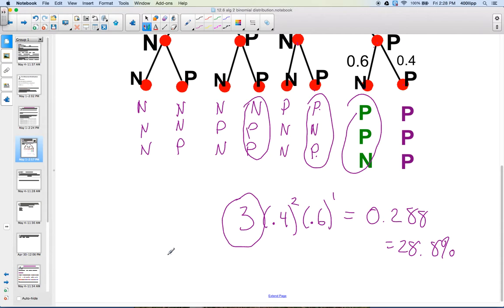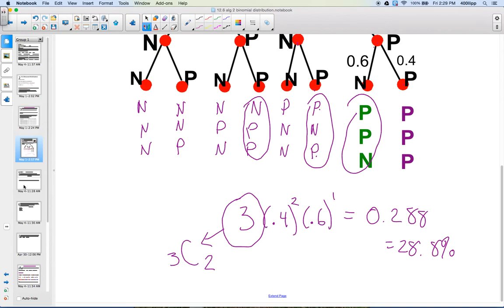So if I have 3 scratch-off cards, and I want 2 of them to be successful, meaning 2 of them to give me a prize, then 3C2 is the other way to find this number here. And 3C2 is equal to 3.